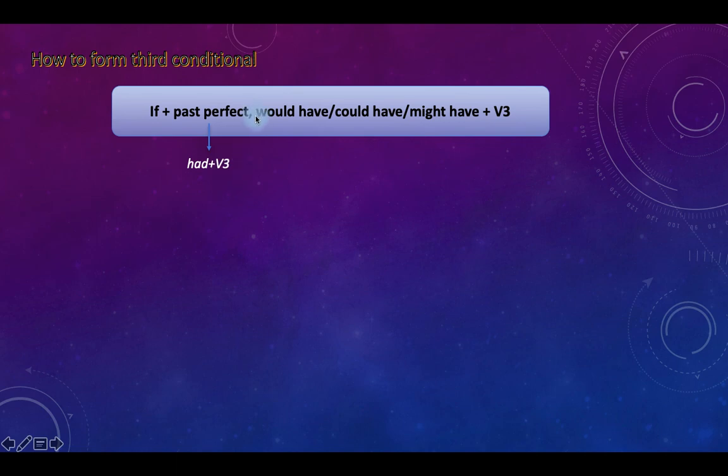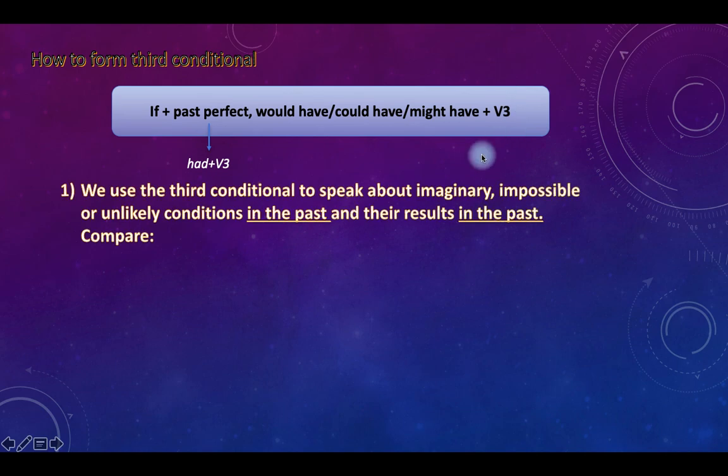In the second part of the sentence, after the if clause, we use would have, could have, might have, plus the third form of the verb. Easy to remember: third conditional, the third form of the verb. We use it to speak, as I have already told you, about imaginary, impossible, or unlikely conditions in the past and their results in the past.